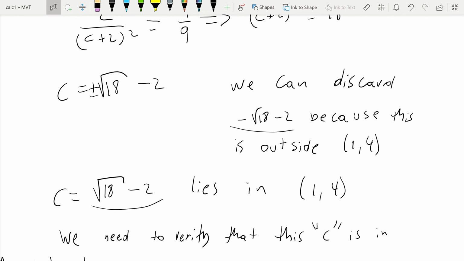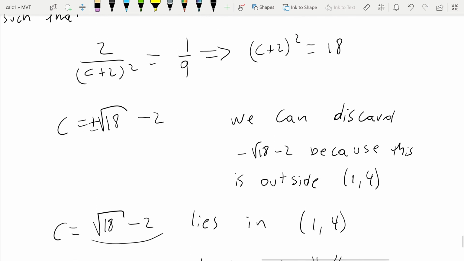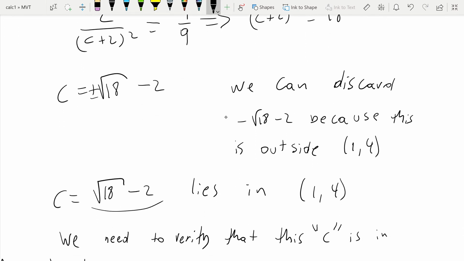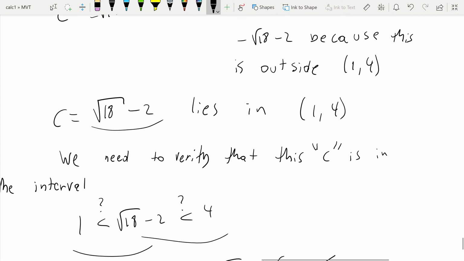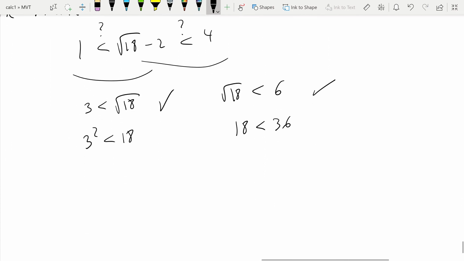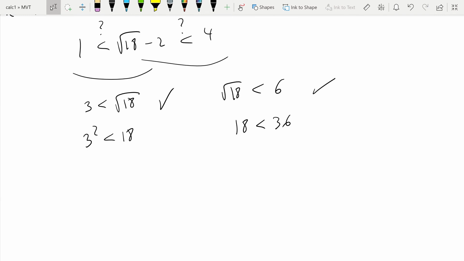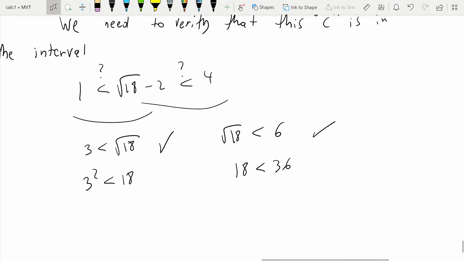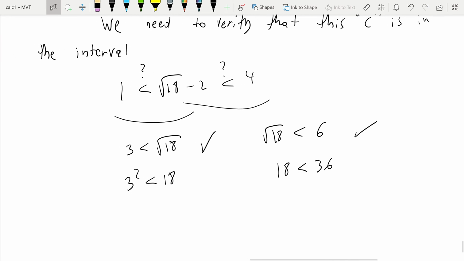You know that the other number you obtain here is a negative number, so that cannot possibly be the number predicted by the mean value theorem. So c equals square root of 18 minus 2 has to be the answer. Okay, but if you want to check everything by hand, you can check that this is the point predicted by the theorem.